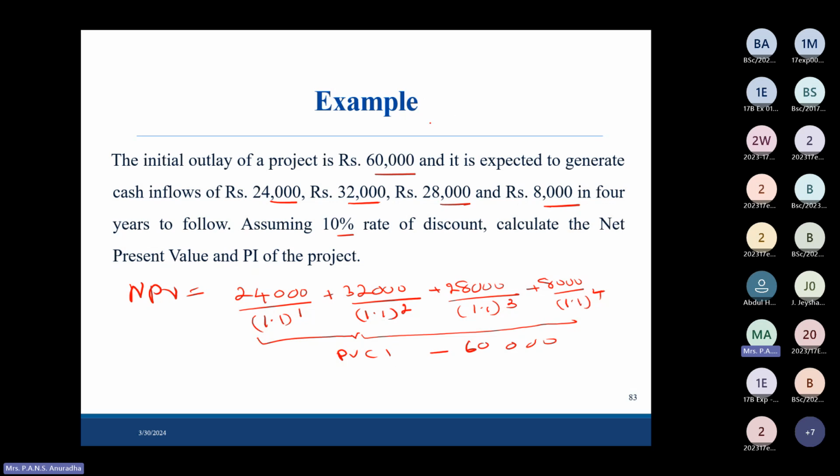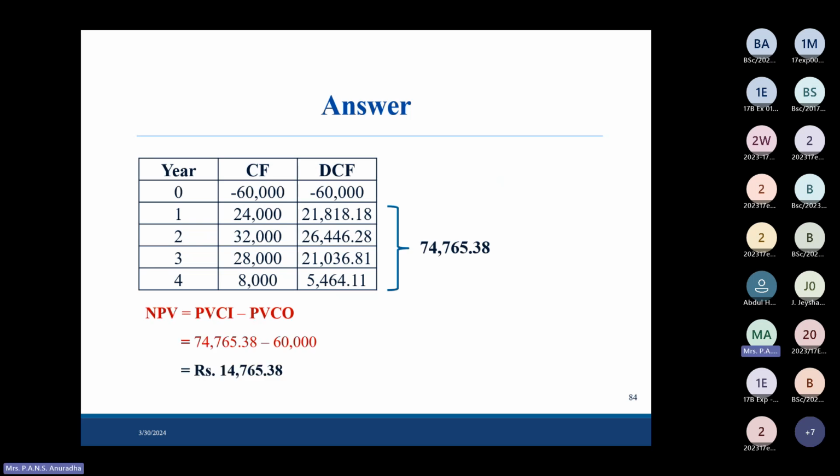Once you calculate this present value of the cash inflow, you can calculate the profitability index. Present value of the cash inflow, how much? Is it 74,765?